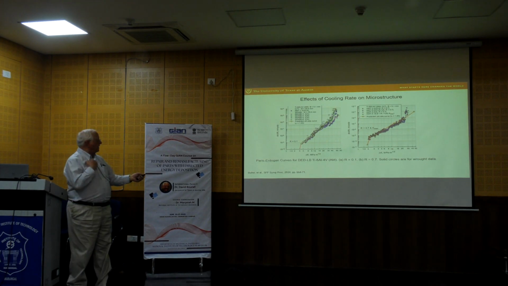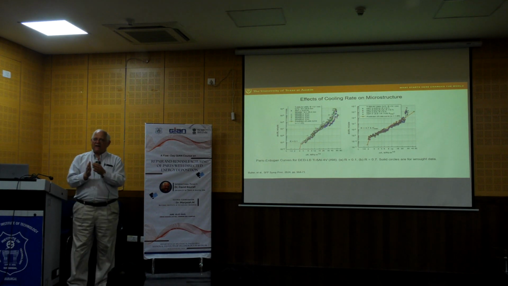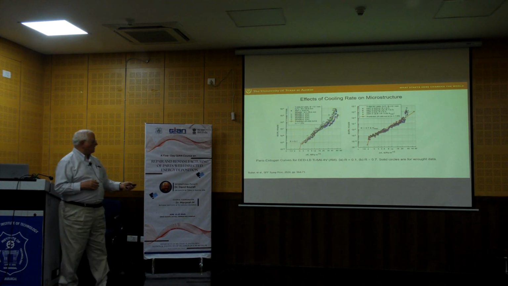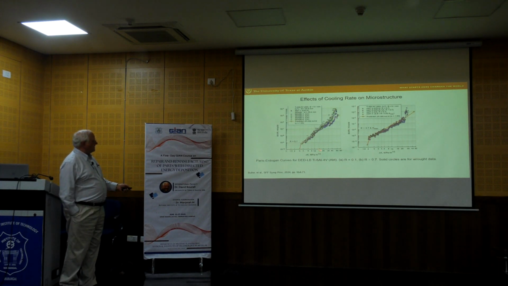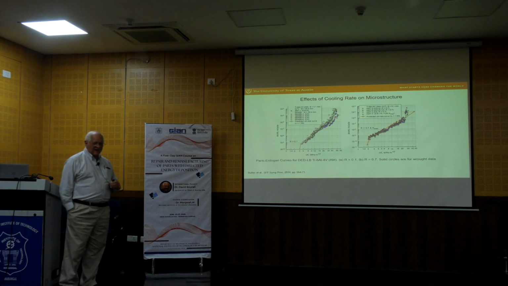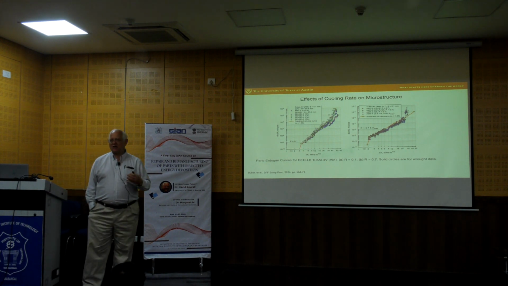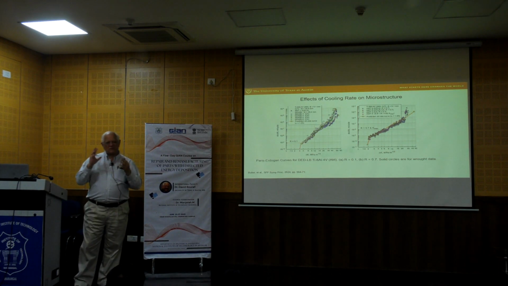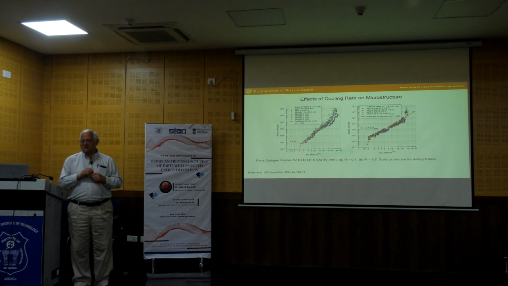So the y-axis here, da/dN, is how far the crack moves in one cycle, versus delta K on the x-axis, which is the change in the stress intensity factor, which you can sort of think of as a change in stress.